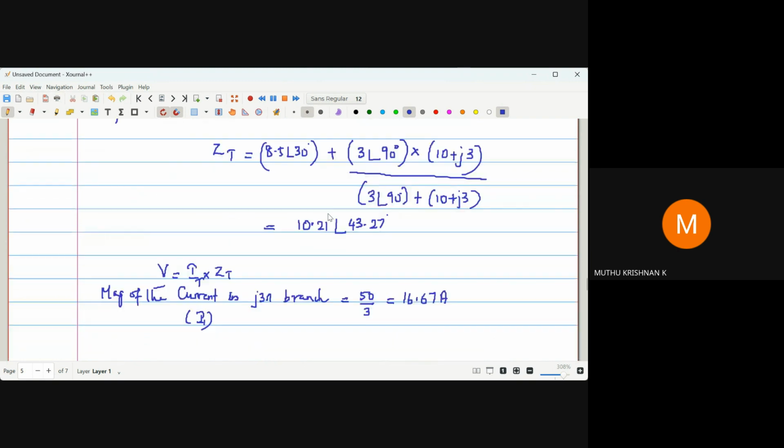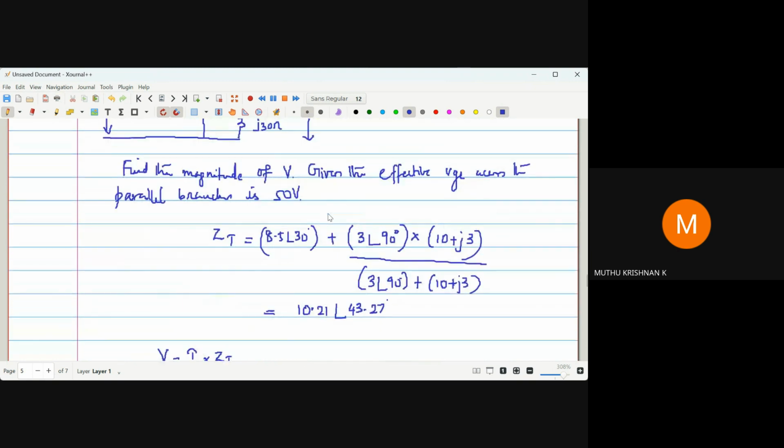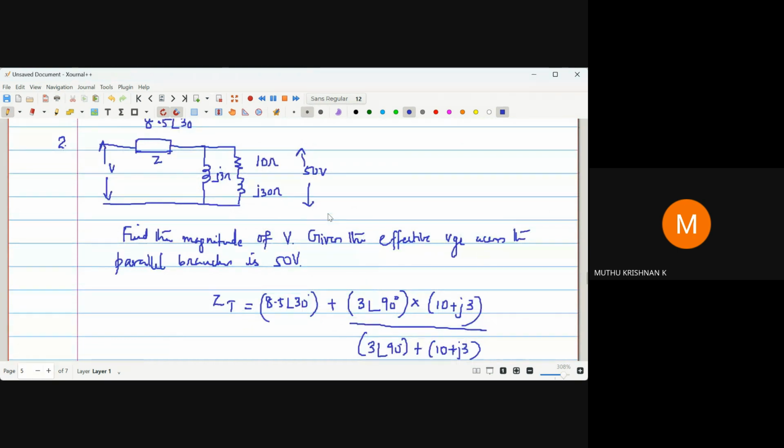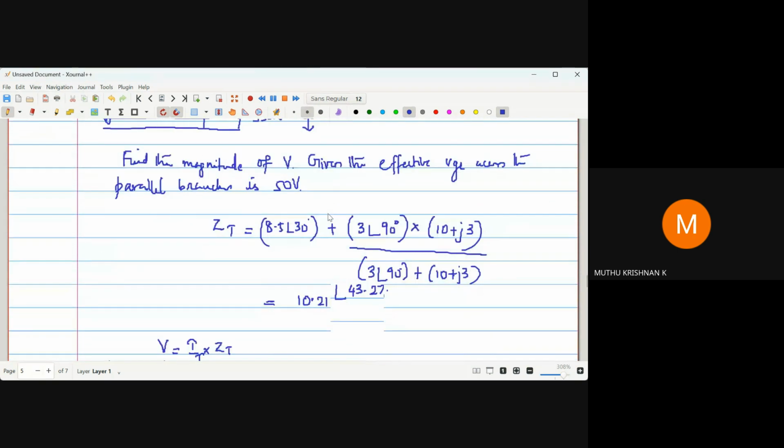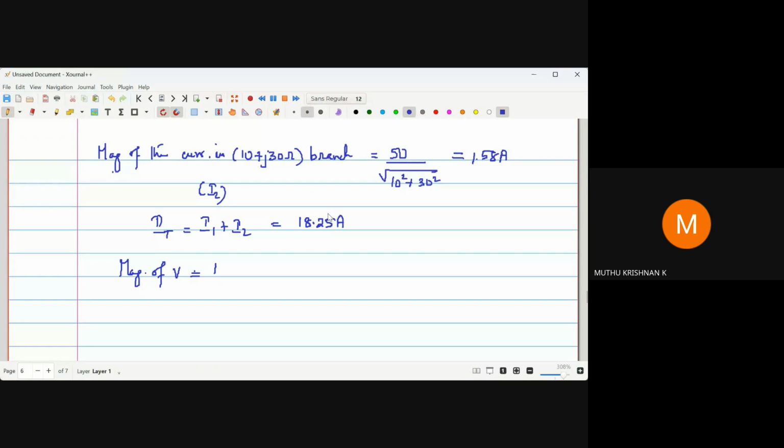And what if we calculate the magnitude at the last step? You just try it out and see. I actually really don't understand your point. Maybe with this answer, you just try it out. Yes, ma'am. Okay.